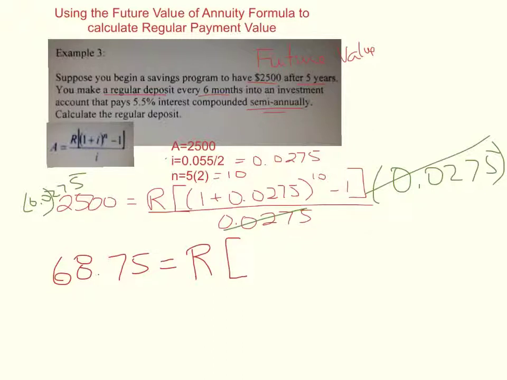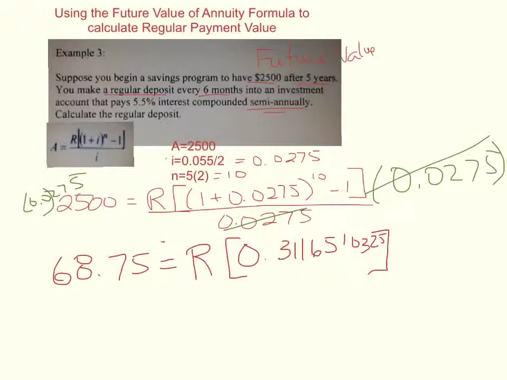So if I could calculate everything in that bracket, then that'll be easy to isolate R. So I get a value of 0.3116510325 approximately.